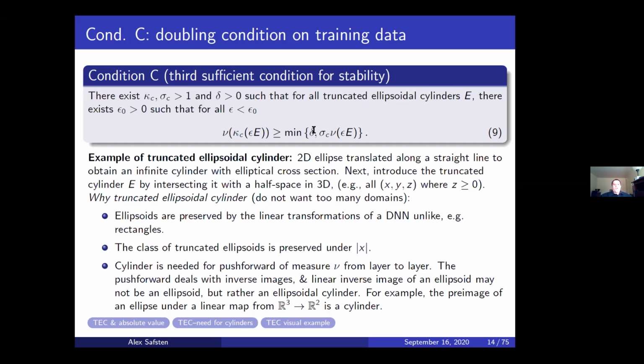Next, we can truncate the cylinder by intersecting it with some rotated, translated half space, creating a truncated ellipsoidal cylinder. We could even truncate it multiple times, and we would still have what we call a truncated ellipsoidal cylinder.